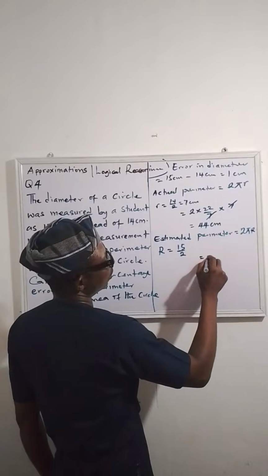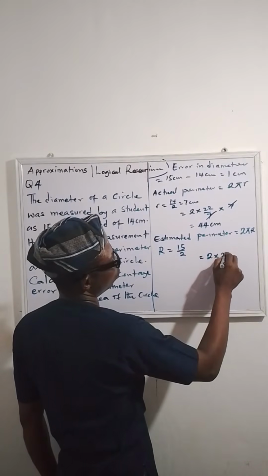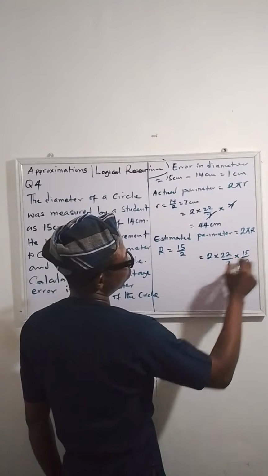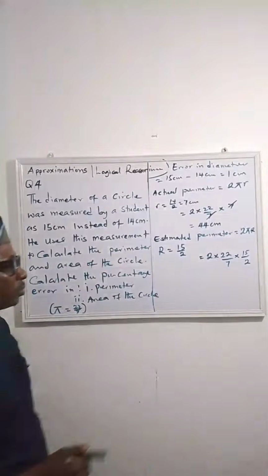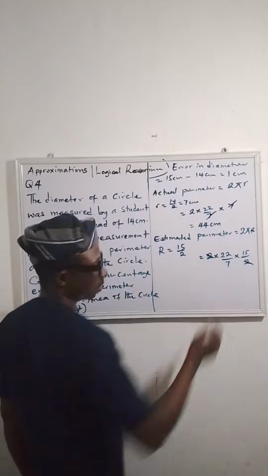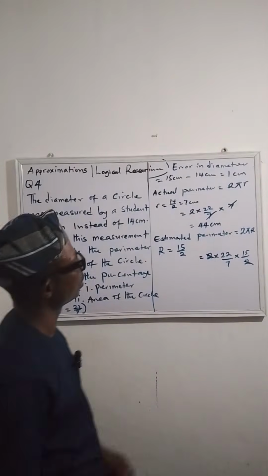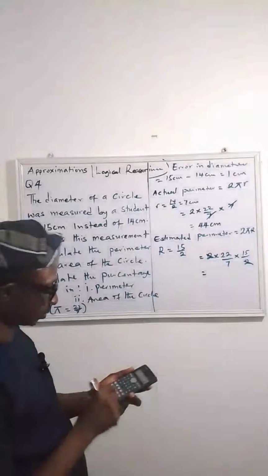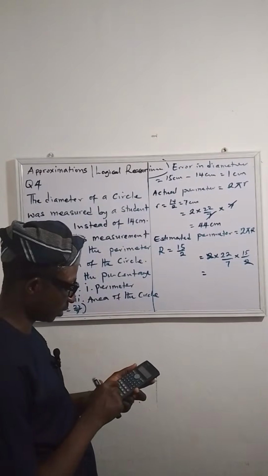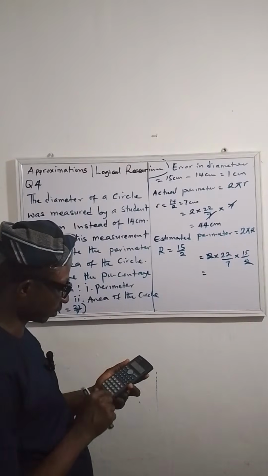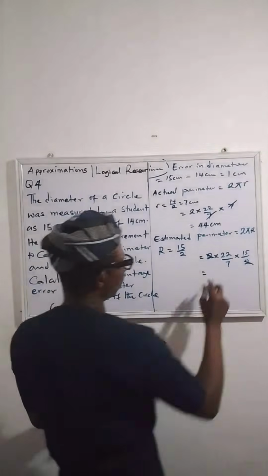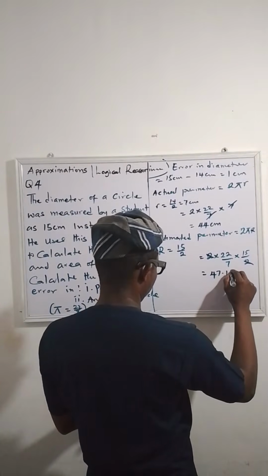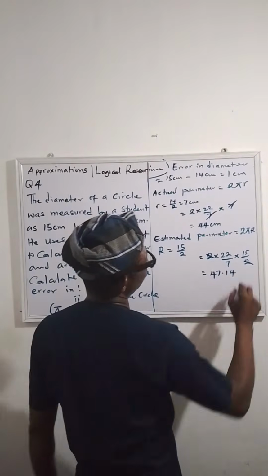So we have 2 times 22/7 times 15/2. So you can simply do this. So what do we have as the answer? We have 22 times 15 divided by 7. Okay, so that is 47.14, and that is going to be in centimeter.